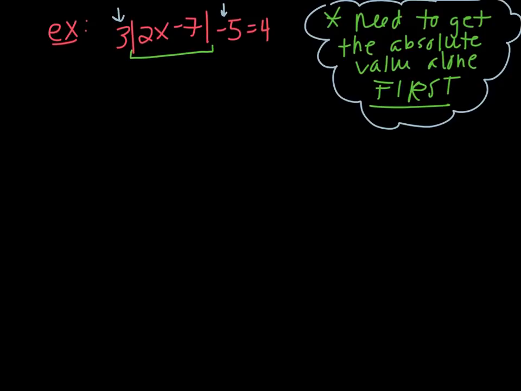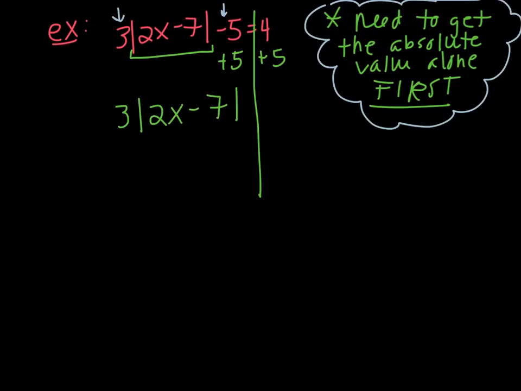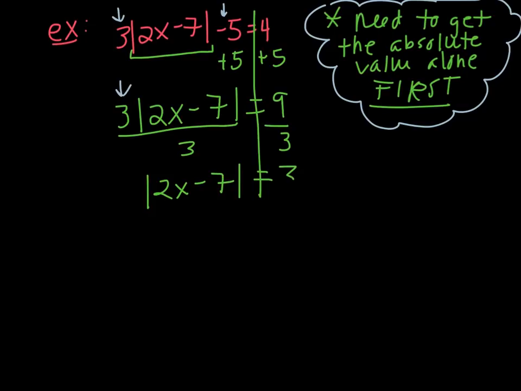What's furthest away is the -5, so I'm going to add 5 to both sides. That gives me 3 times the absolute value of 2x minus 7 is equal to 9. Then I divide both sides by 3, and that gives me the absolute value of 2x minus 7 equals 3.